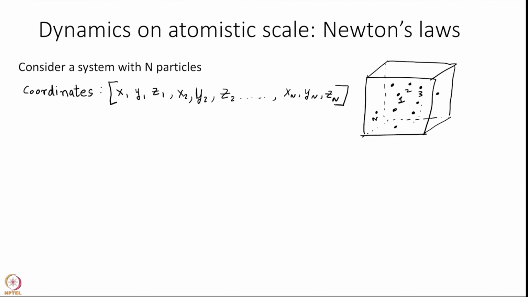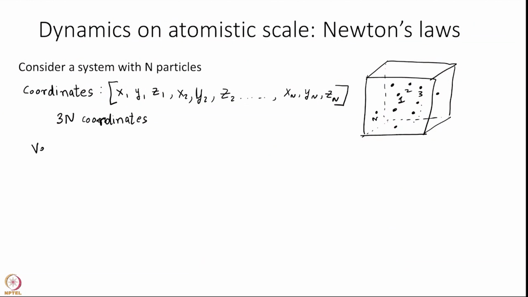Can you tell me how many variables I have written here for n particles? It is 3n. So, I have written 3n coordinates. There are 3 coordinates for each particle, x, y and z. So, for n particles I have 3n coordinates.